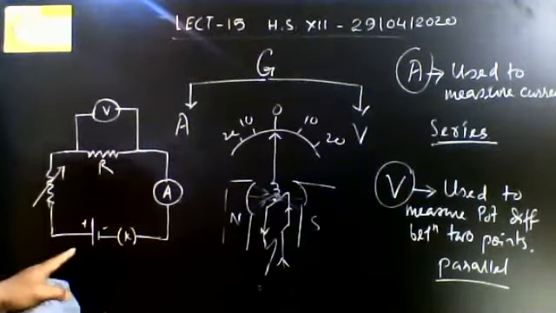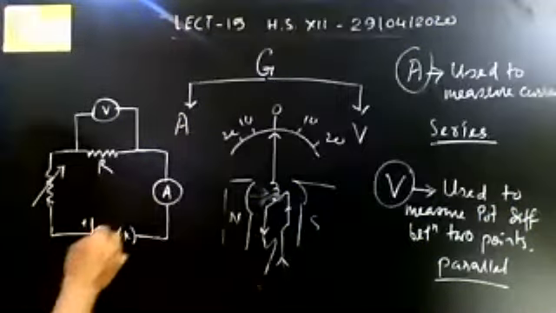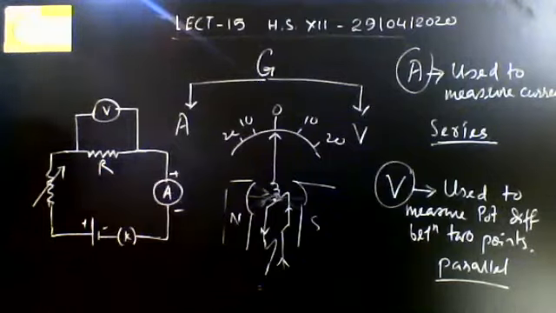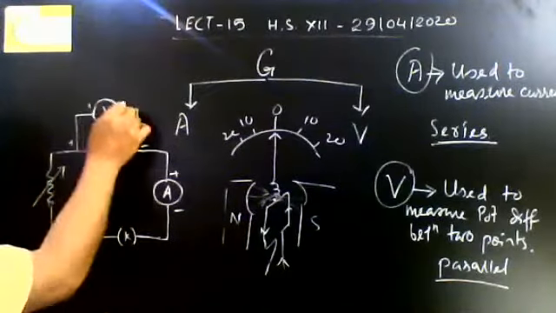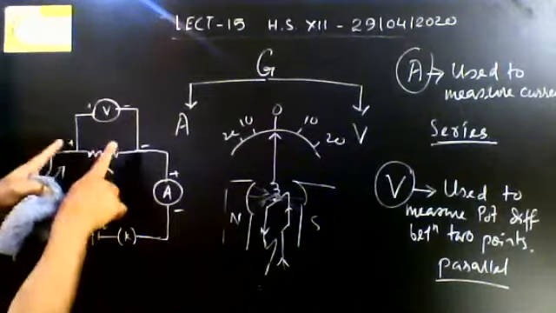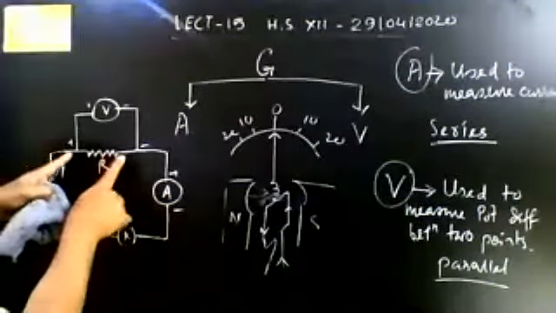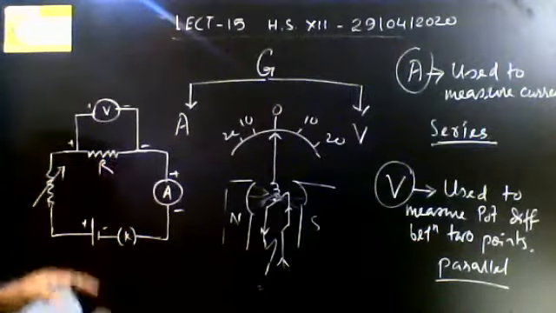So this is simple circuit of Ohm's law, okay, positive, negative, right? So this is voltmeter. Voltmeter has both positive as well as negative. Voltmeter is always connected in parallel with resistance.